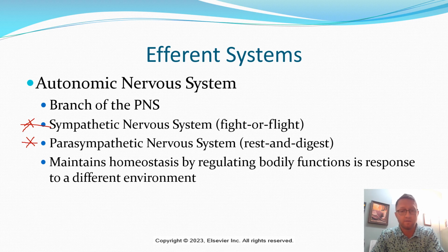So sympathetic nervous system means fight or flight. Parasympathetic, rest and digest. So we've talked about this in lecture quite a bit, but as long as you know those two, I'm going to be happy for our quiz purposes.